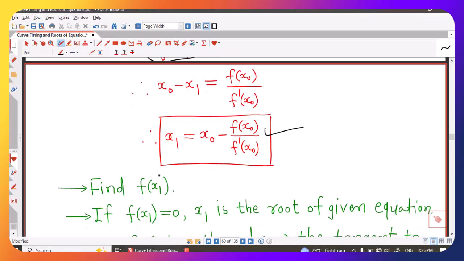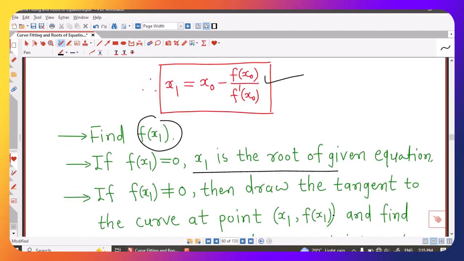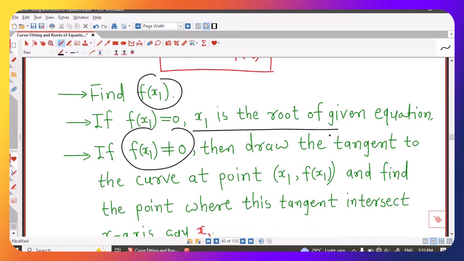After that we find out value of function at x1. If f(x1) = 0, then x1 is the root of given equation. If f(x1) is not equal to 0, then we continue the process of approximating the curve by tangents.